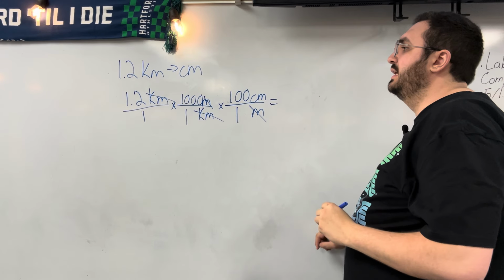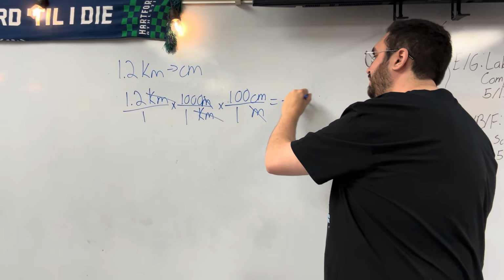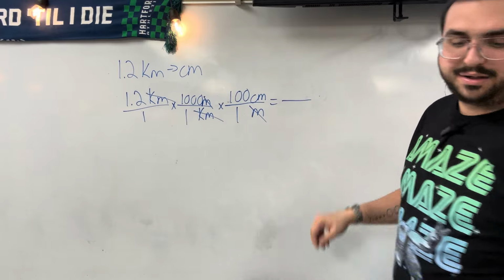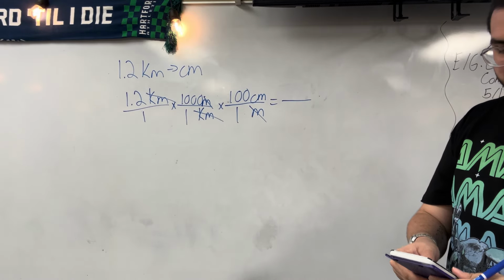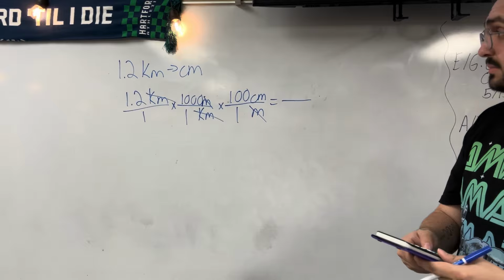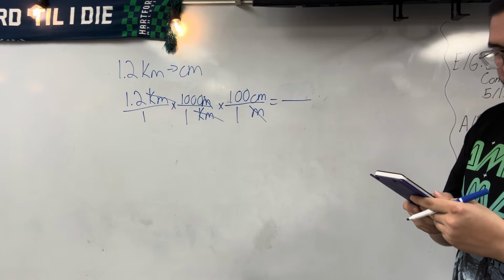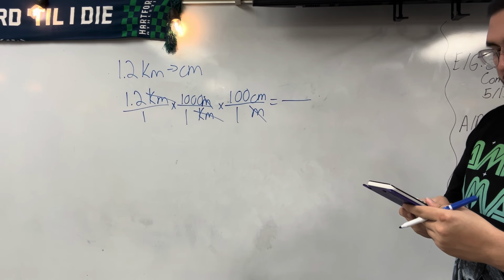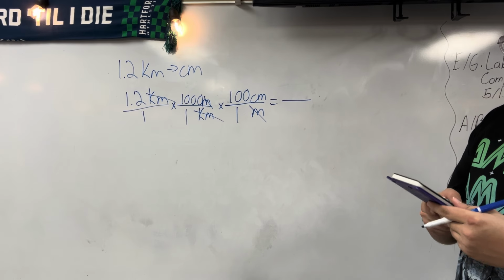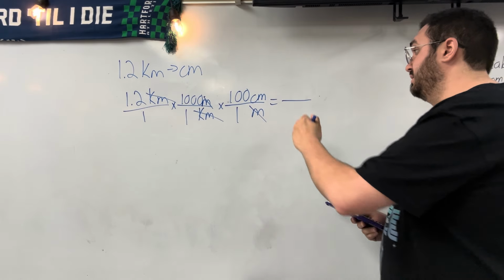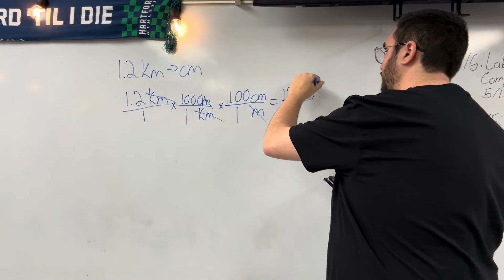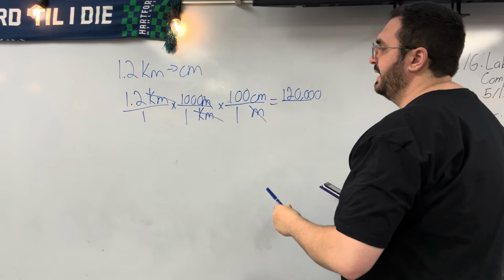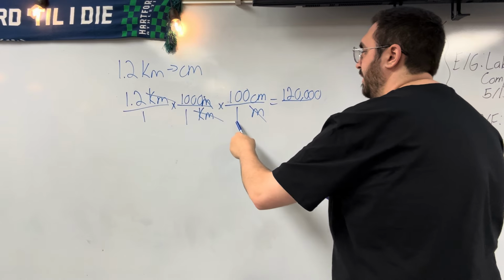And again, we're just going to do all of our math exactly how we have been. In a calculator, we will do 1.2 times 1,000 times 100. And I get 120,000. In the denominator, I have 1 times 1 times 1.